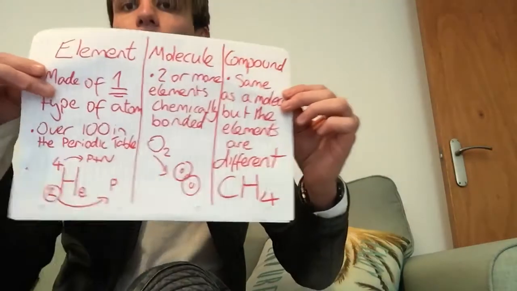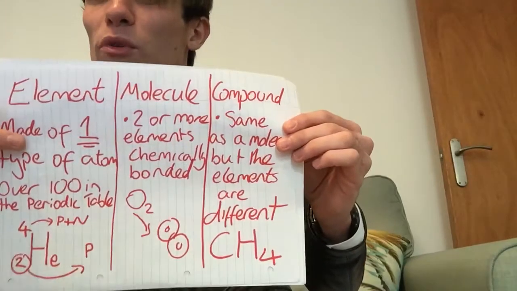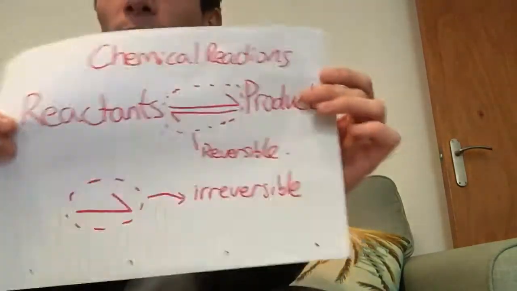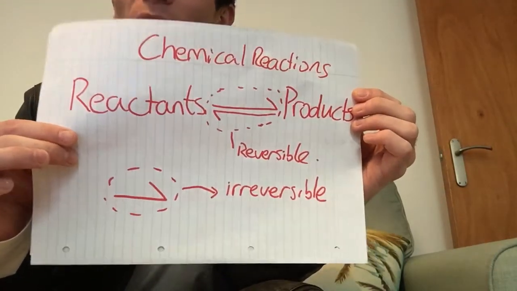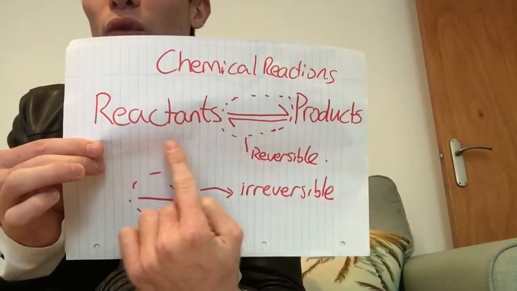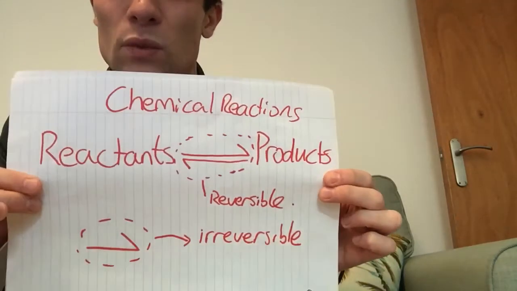Right. Okay, so a chemical bond usually comes from something that we call a chemical reaction. You need to be able to describe these in a certain way. Okay, so a chemical reaction is like telling a little story. We start off by talking about the reactants, the things we're going to react together. And then we draw a little arrow, and it goes to the products, or the things we're going to produce.